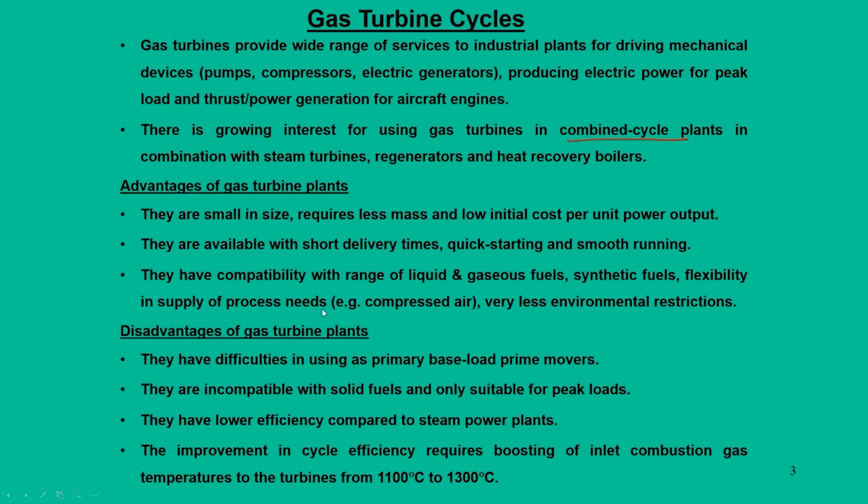In a gas turbine unit, the compressor is used for compressing air, and wherever process needs require high pressure air, we can tap this compressed air for use. These plants also have very few environmental restrictions.